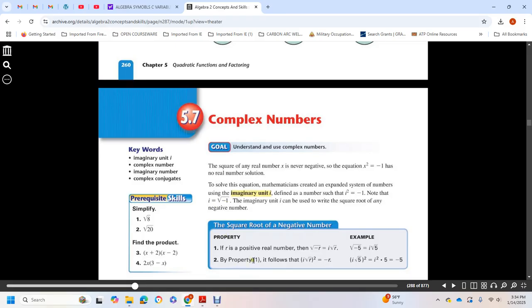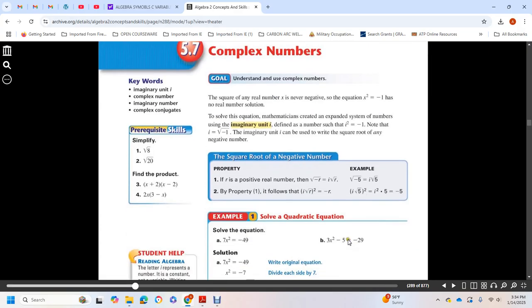By property 1, i times the square root of r squared is equal to negative r. So i times the square root of 5, squared, is equal to i squared times 5, equal to negative 5.